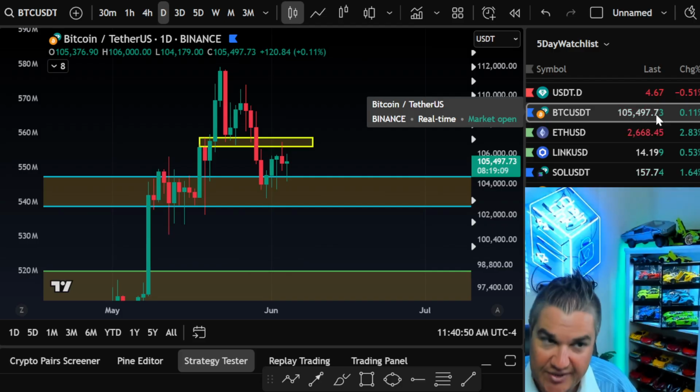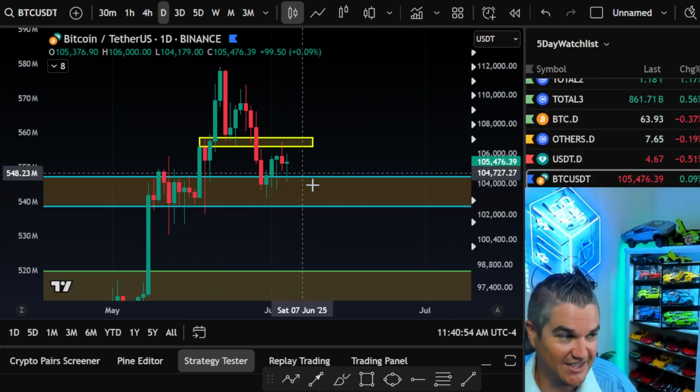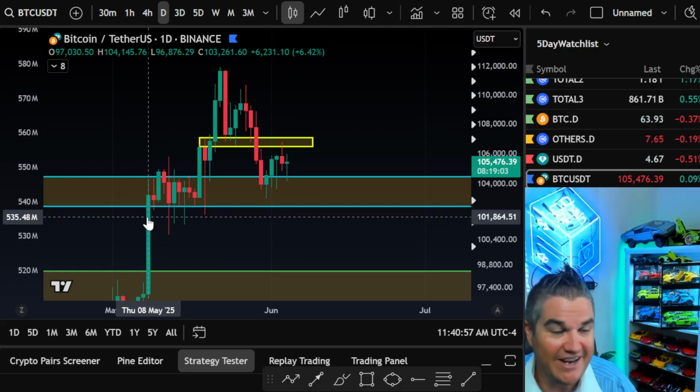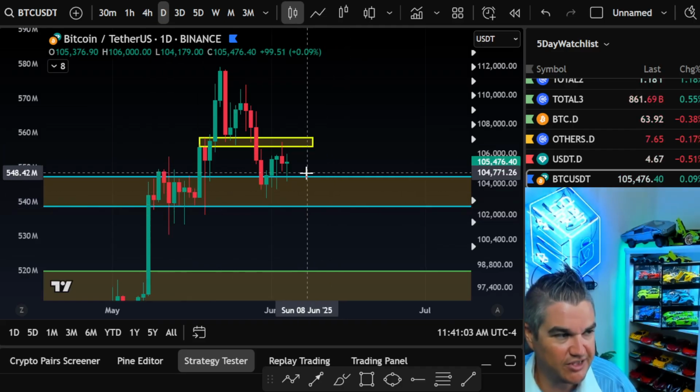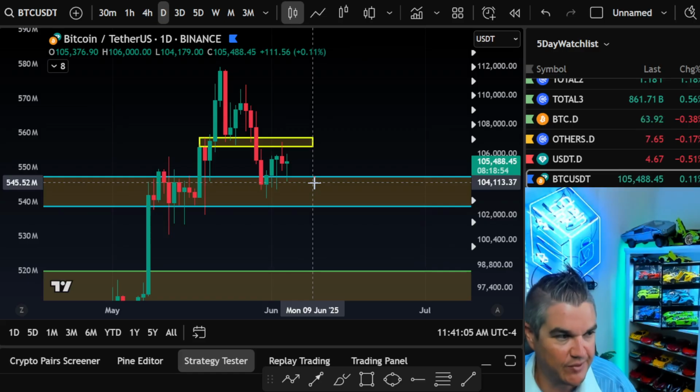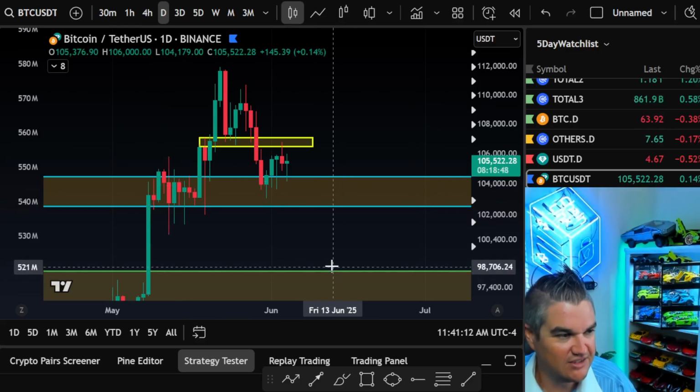And we'll see that if Bitcoin obviously doesn't do one of these in red and go down to 97. And even if we do get that head and shoulders confirming, and let's say 3, 4, 5 days from now, it doesn't mean it has to be immediate free fall.